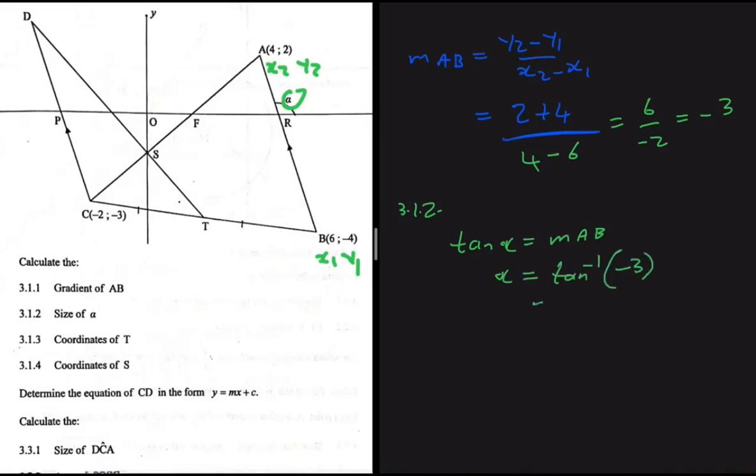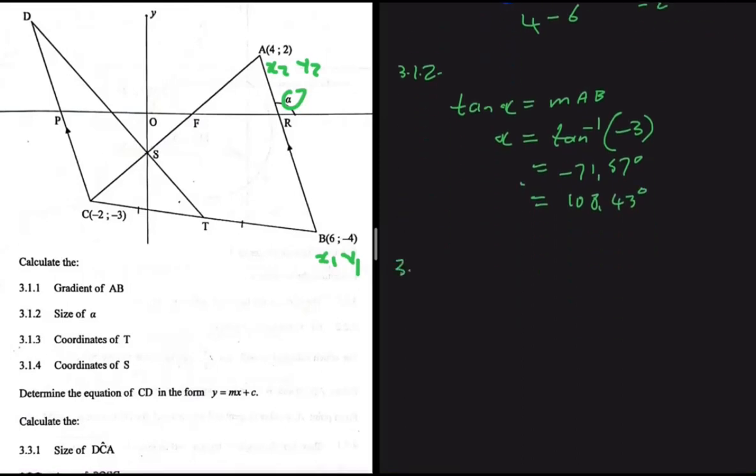And if you put that in your calculator, you should get minus 71.557 degrees, right? If we get a negative angle, we always add 180, right? And then if you do that, that angle should be 108.43 degrees.